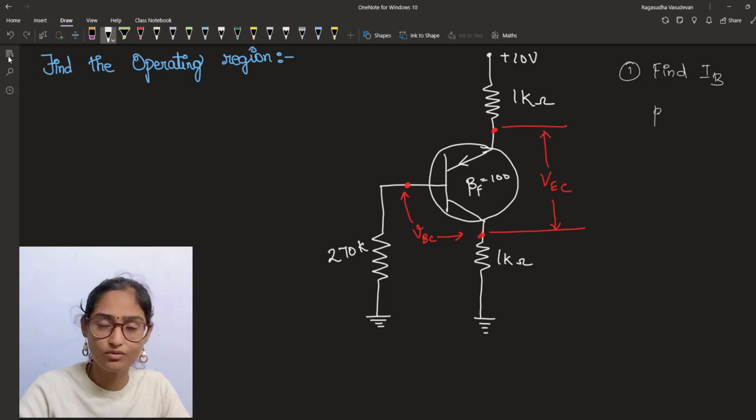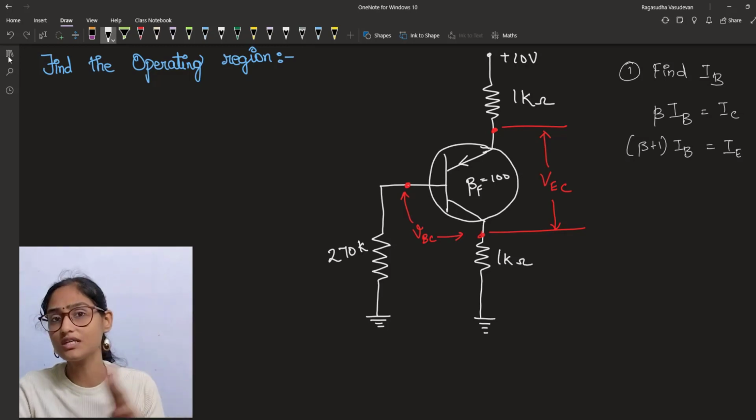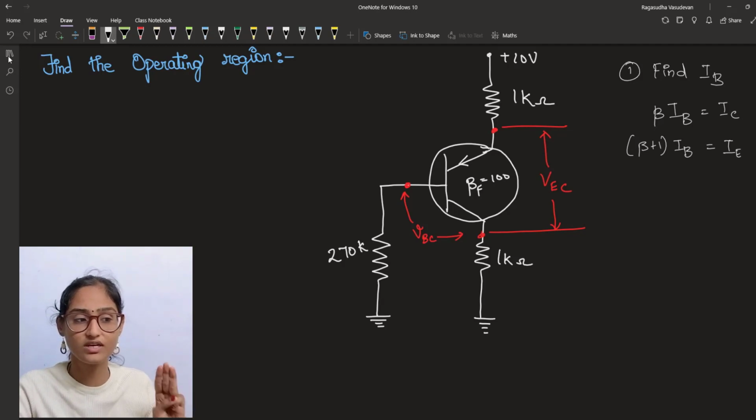Why are we finding IB? Because beta IB will be IC, the collector current, and (beta plus 1) IB will be the emitter current. So we will get all three currents once we find IB, and from these three currents we can find any voltage that we want.